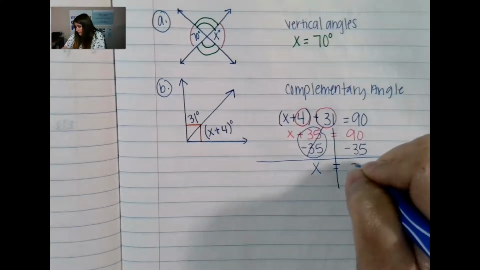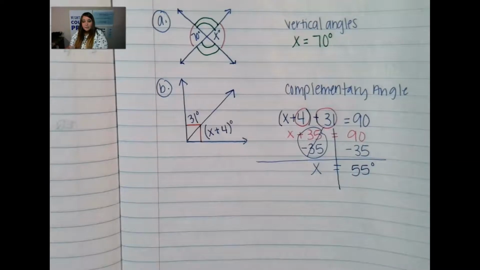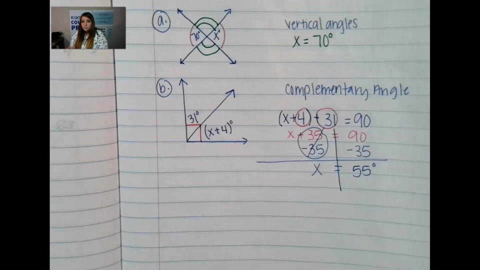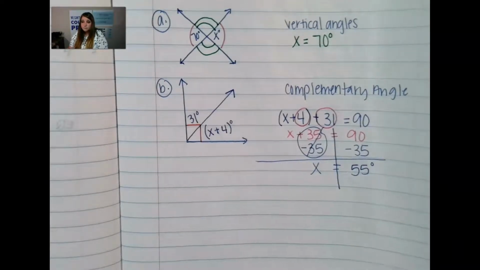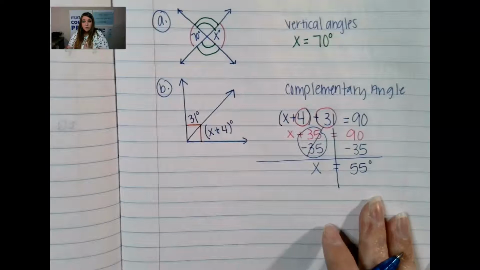And that gives me 55 degrees. So x is worth 55 degrees. So now we're building on what we did with our one-step equations from chapter 1, and we are entering now into geometry, solving for equations.